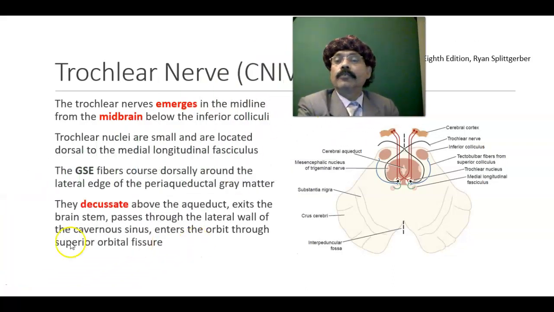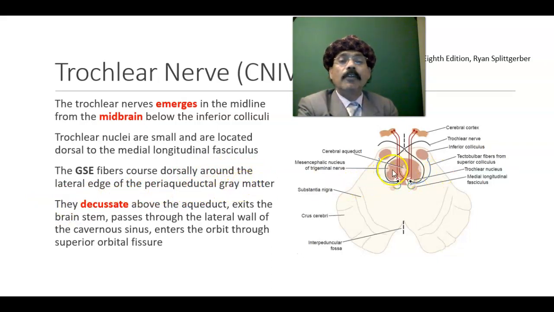Okay, so the fibers are general somatic efferent, not sensory. The trochlear nerve has no sensory innervation; it is a purely motor nerve. The general somatic efferent fibers course dorsally around the lateral edge of the periaqueductal gray matter.